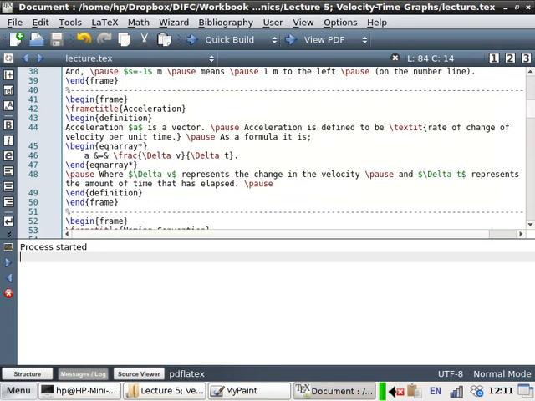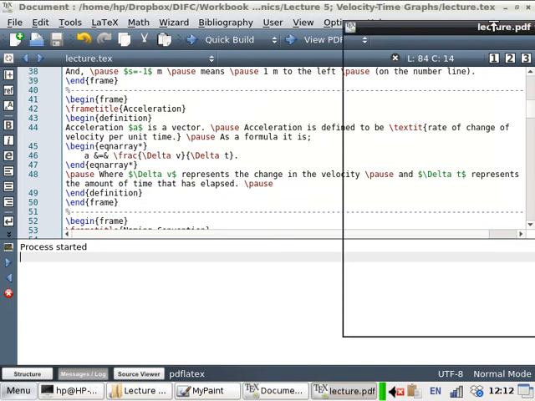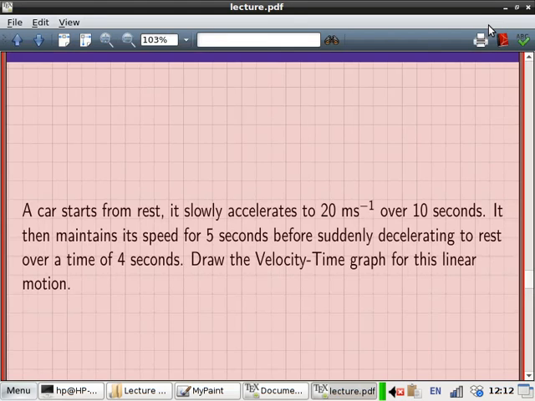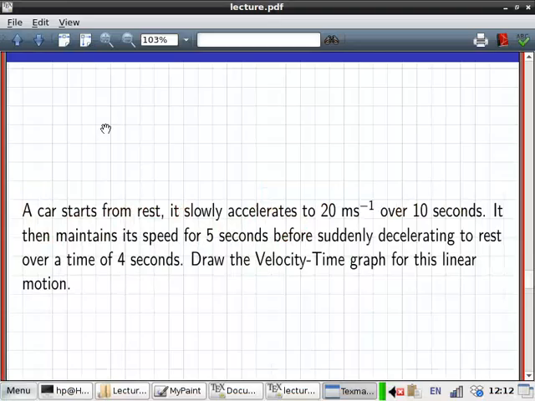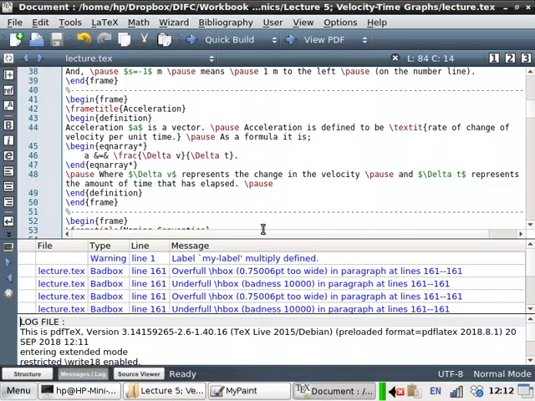Loading. Still loading. There we go. Open it up.